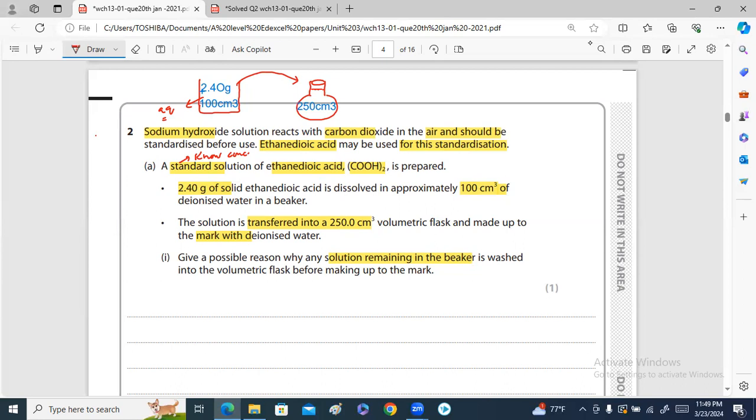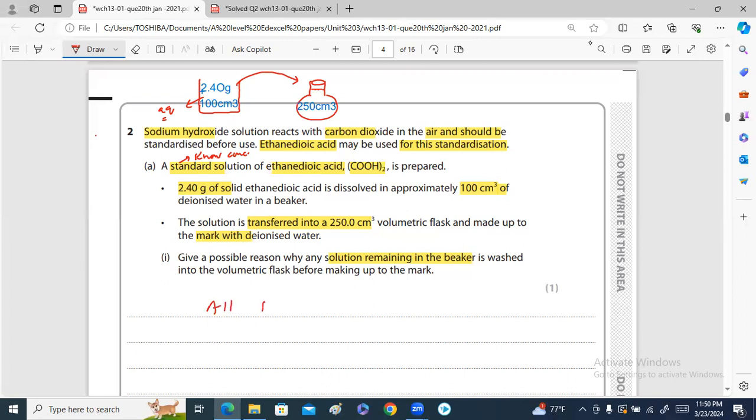So if we skip this point, what will happen? All the solid which was actually weighed out to make this solution would not be shifted to the flask. So it means that we must shift all the solution to the flask.